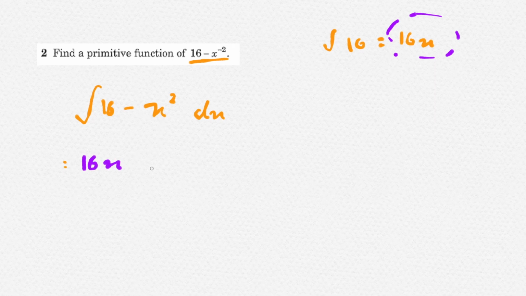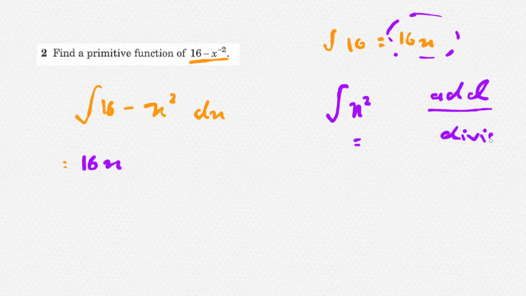Now let's calculate the integration of x squared. So our previous rule for integration is add and then divide. So for this particular example, to x squared we must add 1. So 2 plus 1 would give you x to the power of 3.